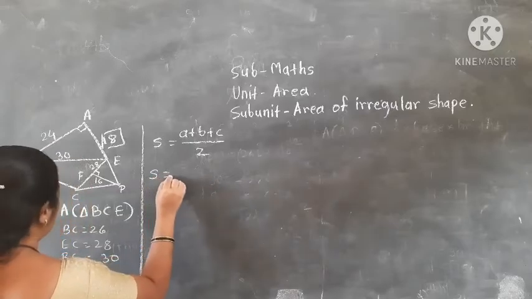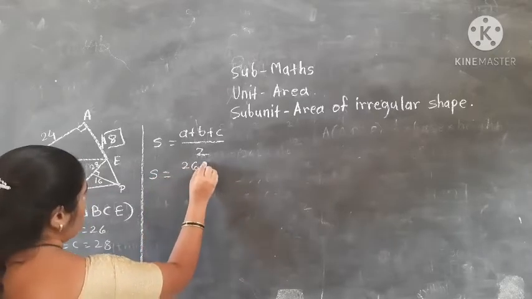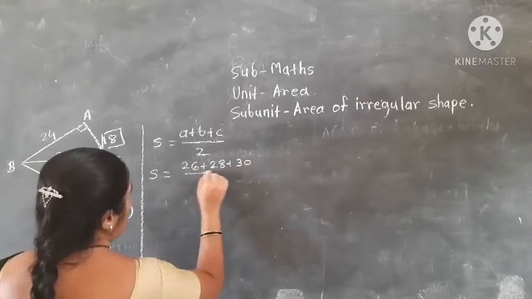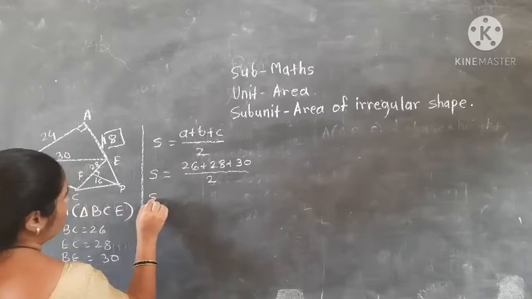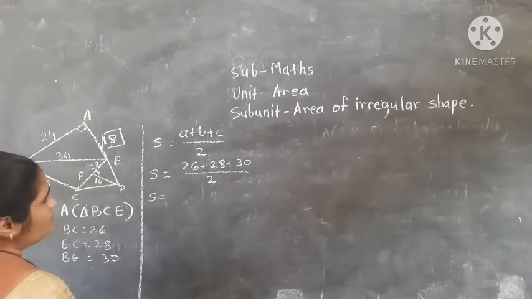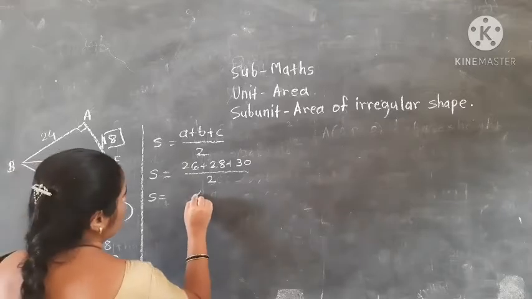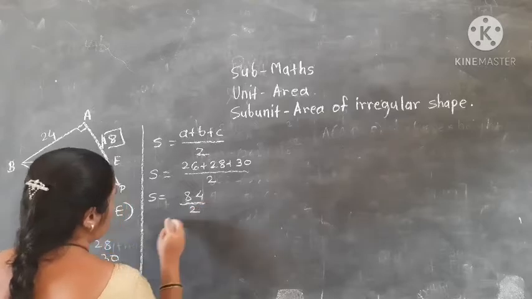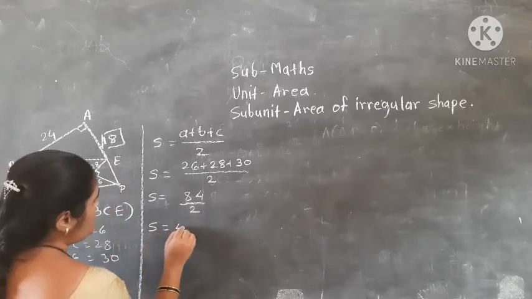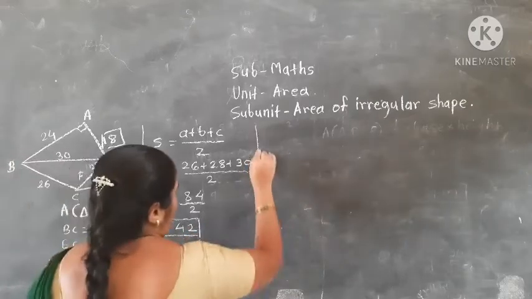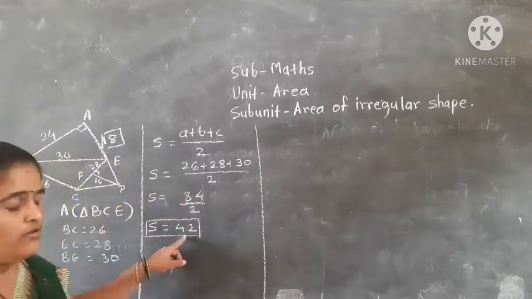S is equal to (26 plus 28 plus 30) divided by 2. Let's add these values. 84 divided by 2, the value of S is 42.